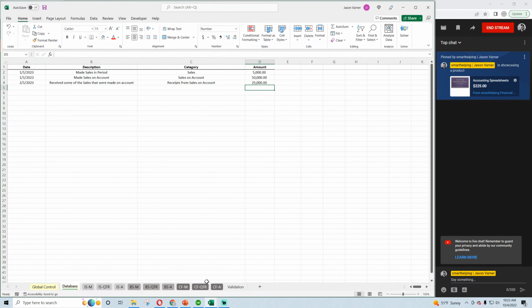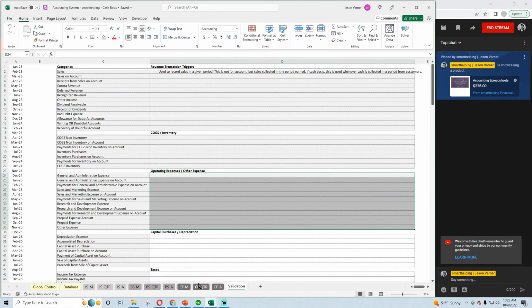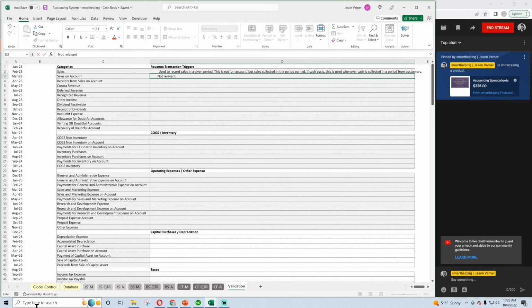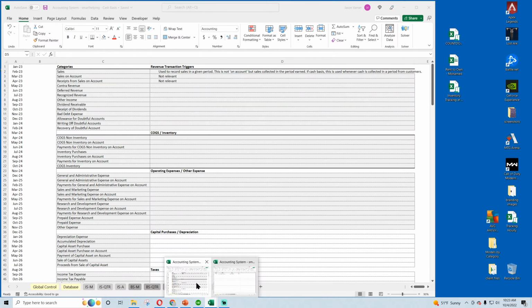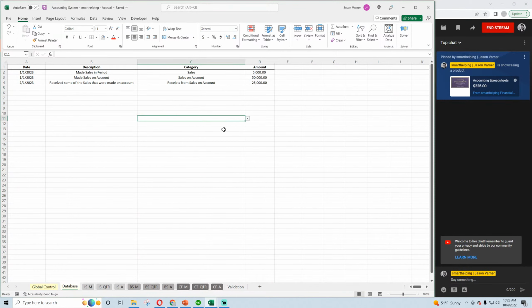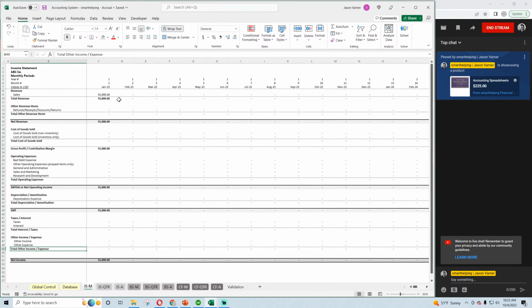Now that's going to be for cash basis, it's not relevant, so you won't have it. Not relevant, not relevant. On the accrual side, you've got cash sales going up by 50,000.